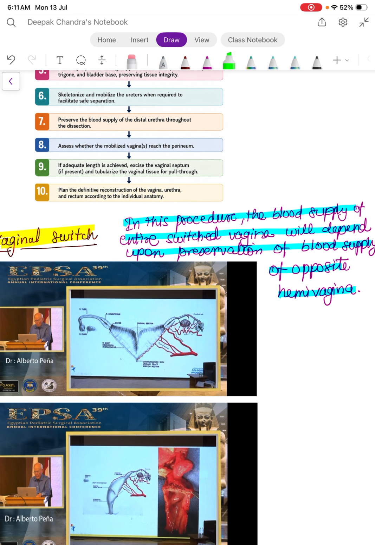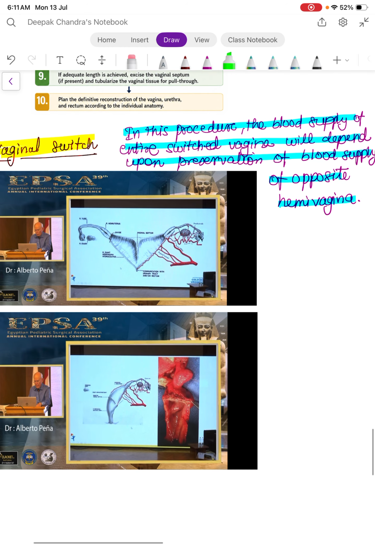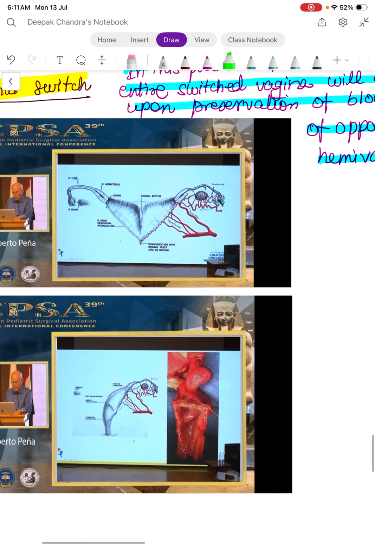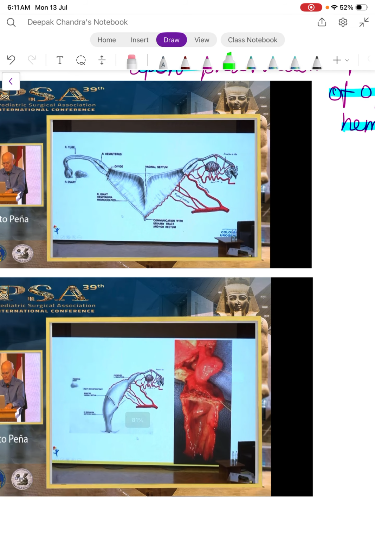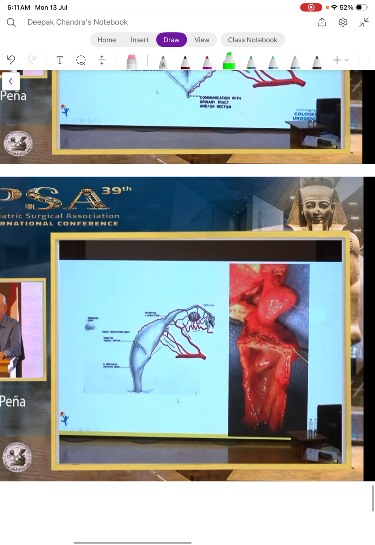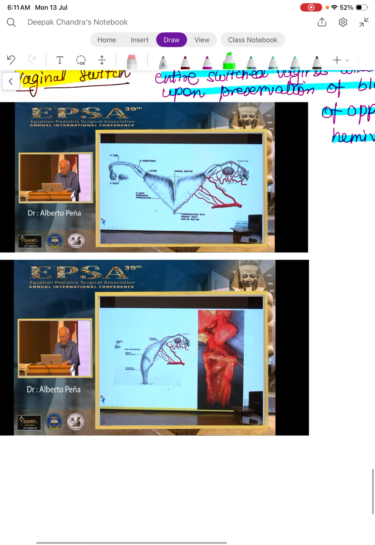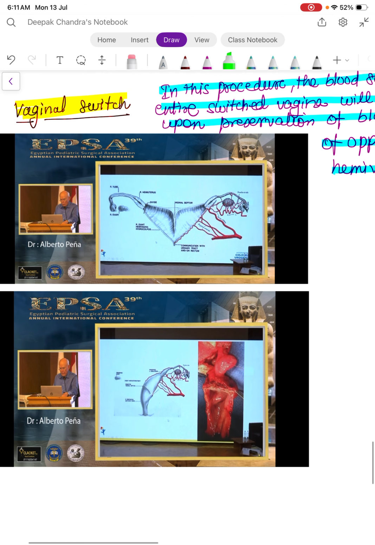In this procedure, the blood supply of the entire switched vagina will depend upon preservation of the blood supply of the opposite hemivagina. Here you can see we have resected this hemivagina and this part, and now this is completely mobilized like this and created as a single unit. This is called the vaginal switch maneuver.